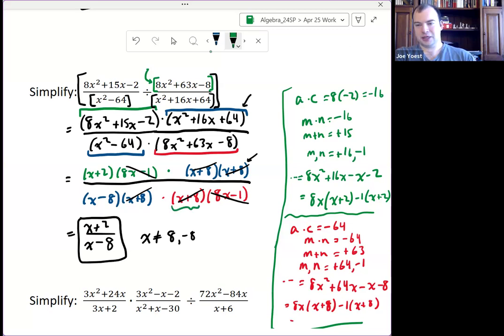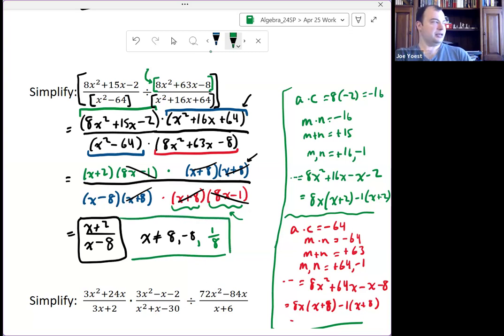Well, that's when x plus 8 times 8x minus 1 equals 0. x plus 8 equals 0 is just when x equals negative 8. I've already got that listed. I don't have to append anything to the list. But 8x minus 1, when is that 0? That's when x equals 1/8. I better put a 1/8 down there as well. So these are my 3 restricted values for this problem.